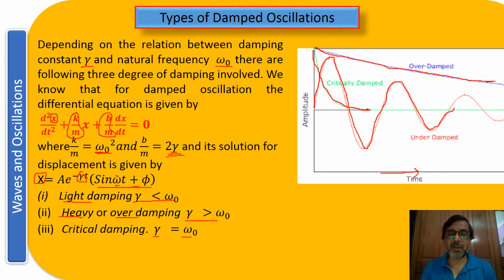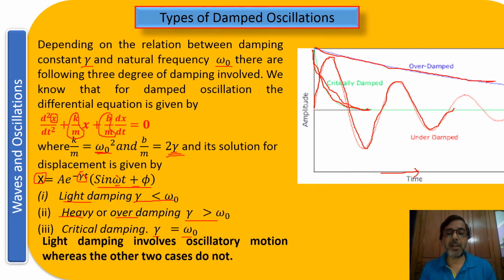But in case of the critically damped, the amplitude becomes zero in the quickest interval of time, and then it stops. It is not going further down, and it is not going to repeat its motion. This type of oscillation will be called critically damped oscillation.